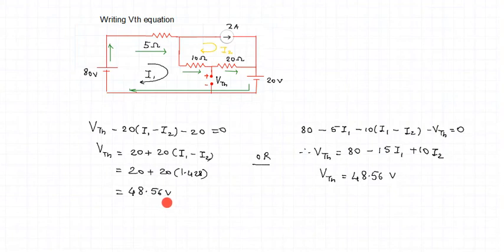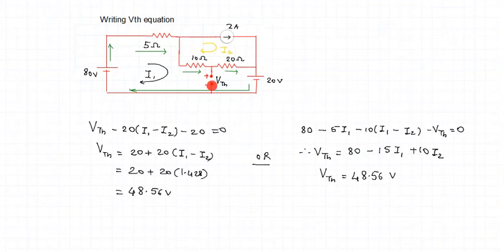Let us now find VTH with the larger loop. This is another loop equation that can be used to find VTH. Starting with the 80 volt source, 80 minus 5 I1 minus 10 into (I1 minus I2) minus VTH is equal to 0.